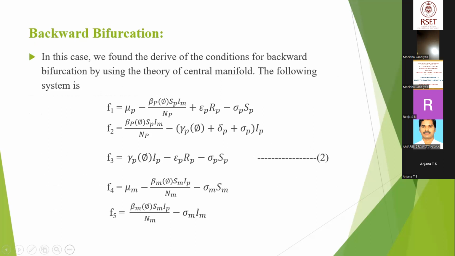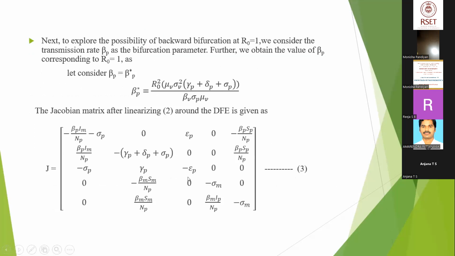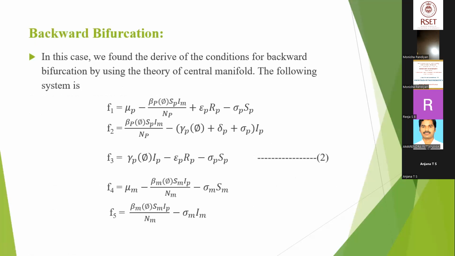So for backward bifurcation, in this case, we found the condition for backward bifurcation by using the center manifold theorem. So here, once again, we have our model, consider F1, F2, F3, F4, F5, equation 2.